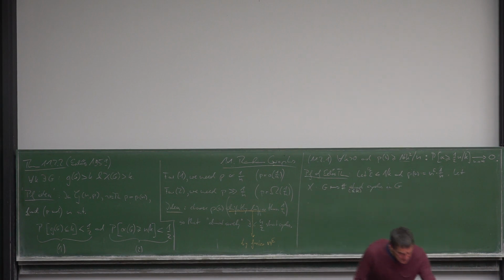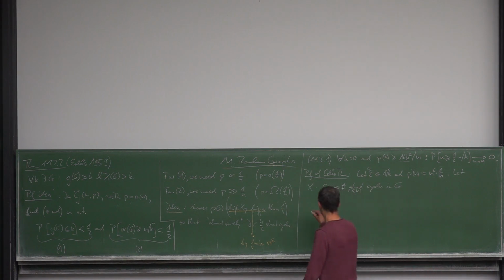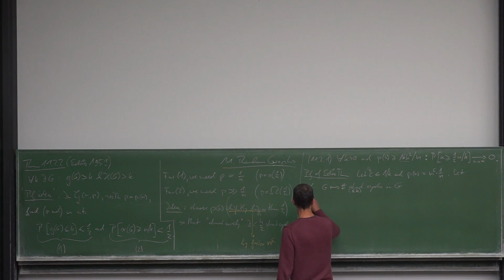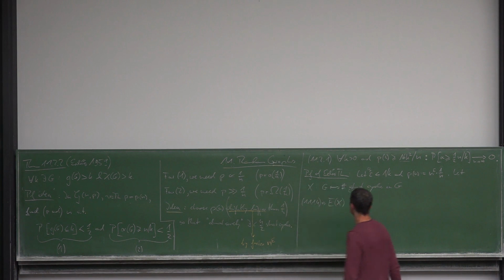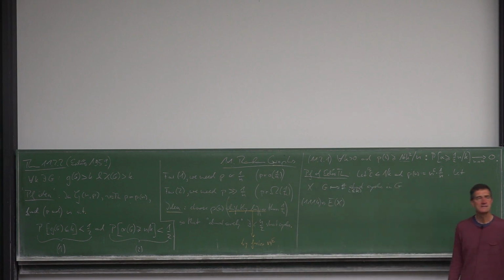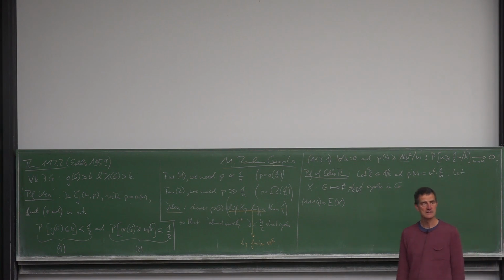So that we had lemma 1114. What's the expected number of short cycles? Remember that? So we have the expected number of k cycles. Let me write it down first.